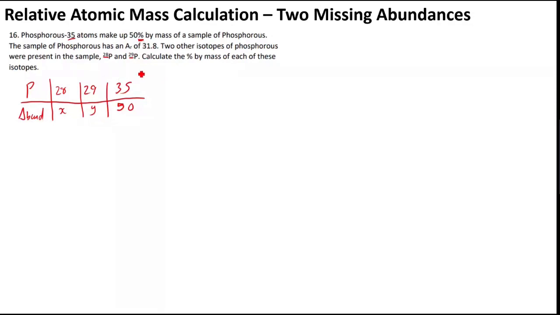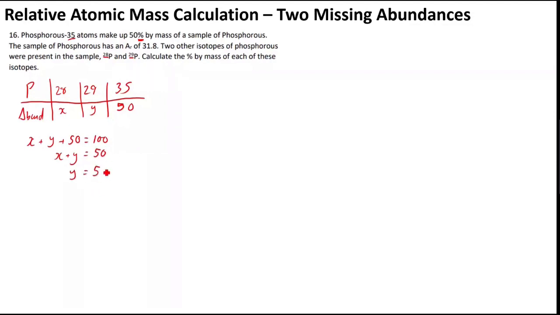So we can see that phosphorus 35 makes up 50%. So we're dealing with a percentage. That means all the abundances, X plus Y plus 50, must equal 100, because that's how percentages work. So X plus Y therefore must equal 50. We're just taking 50 away from both sides.